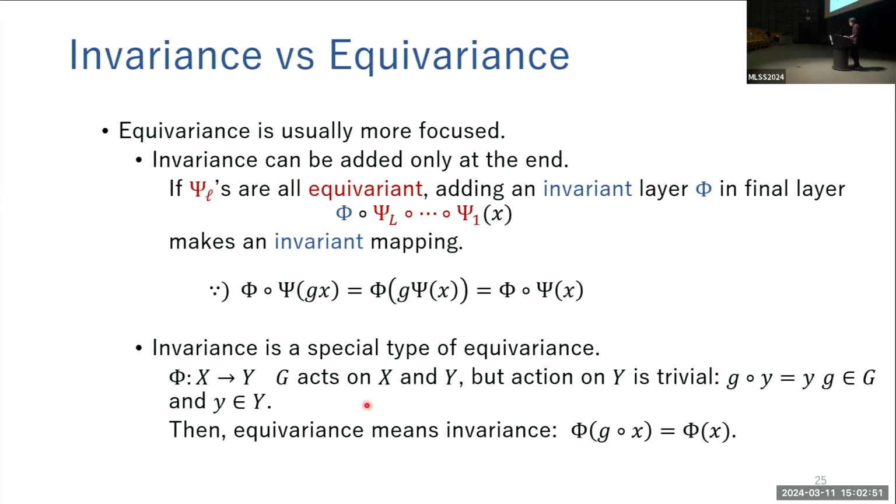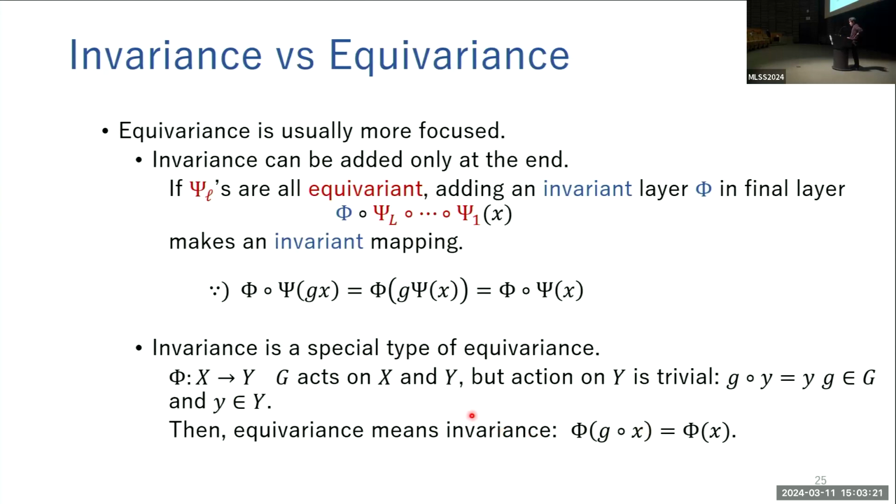And also, invariance is a very special type of equivariance. We can also interpret it like this. Let's say that we have x and y, and group G is acting on x. And let's make a trivial action of G on y by defining the action by the identity for any element of y.